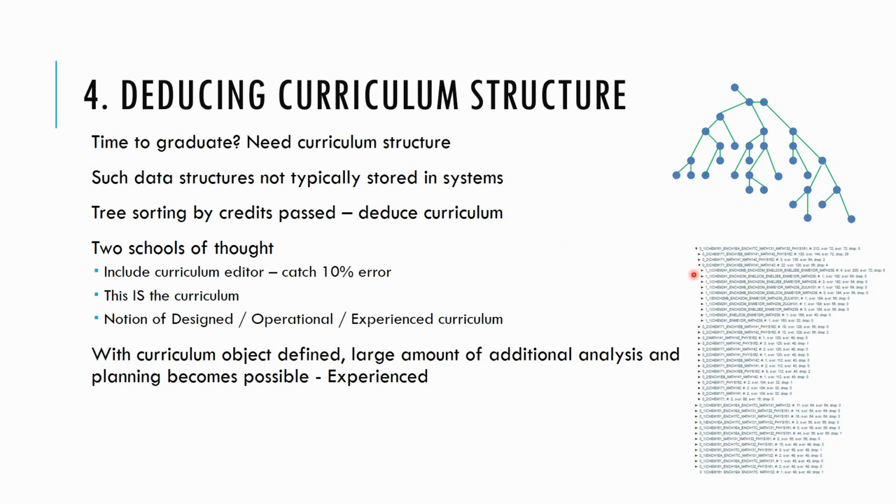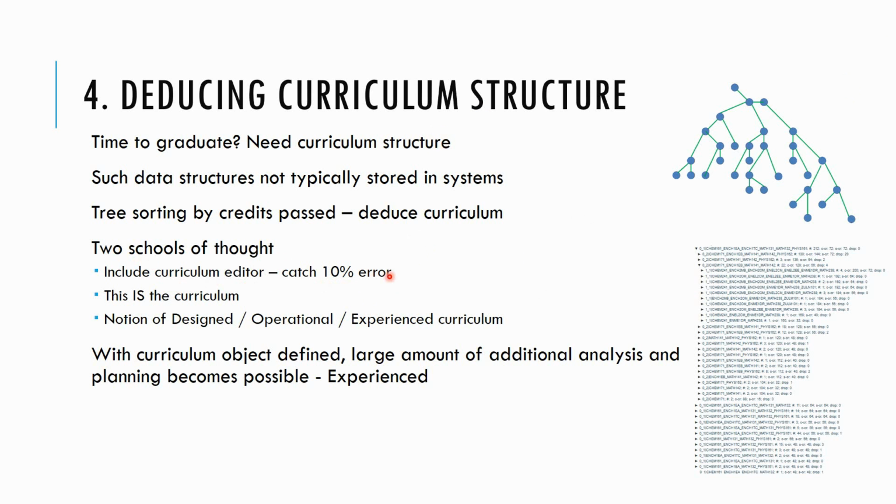And we found that when we did that, we were able to determine what the curriculum was to about 90% accuracy. And of course, the initial thinking was, well, then let's write a nice curriculum editor, and we'll catch that last 10%, and we'll have the perfect curriculum.